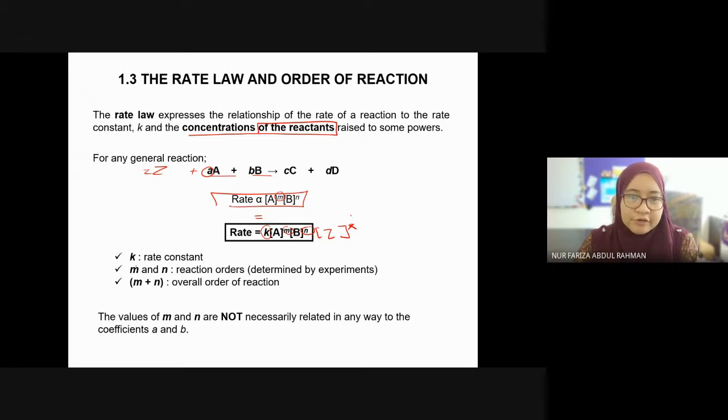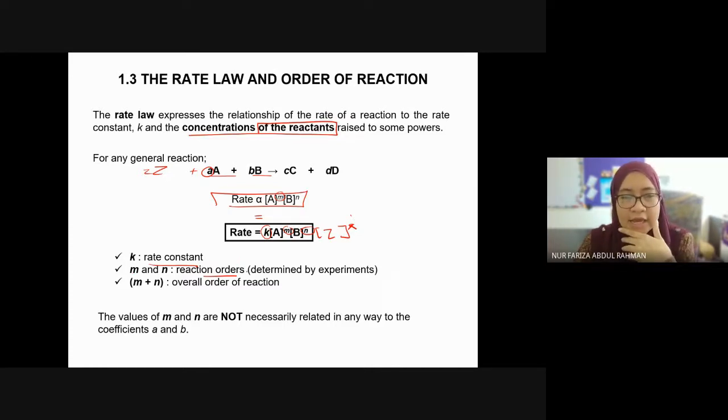Okay, alright, cuba tengok. K is equal to rate constant. M dengan N is what we call reaction orders. This is order. Okay, this is what we call order. Order ni dia ada nombor-nombor dia, ada value-value dia dekat situ. And ada karakteristik which later will be covered in the later slides. Okay, alright.